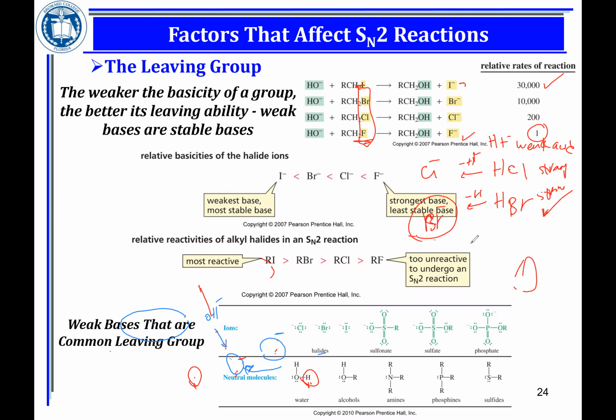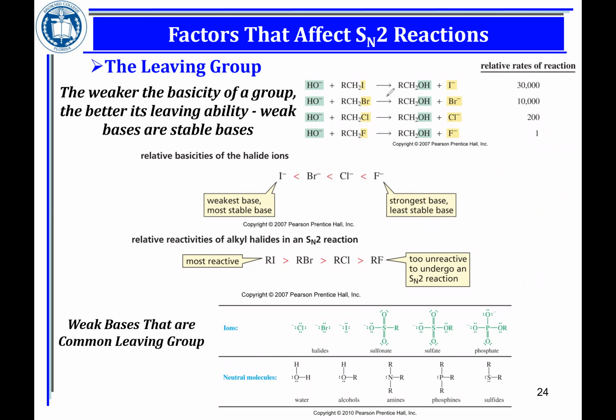So let's look at some of the leaving groups that are good leaving groups. For example, you could have chloride, bromide, iodide, sulfonate, or sulfate. These are leaving groups that have a negative charge. And then you could have neutral molecules like water, alcohol, or amine as leaving groups.